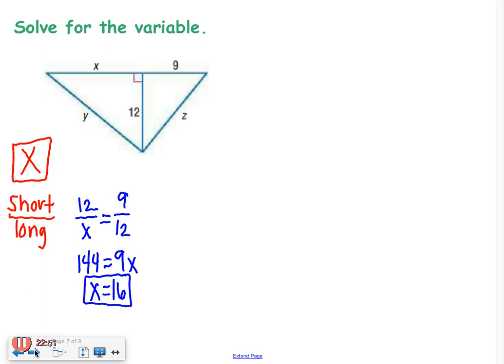And you did x equals 16? I did. You of us? Okay, good start. Okay, I found y next when I did it. I don't know if that helps you.